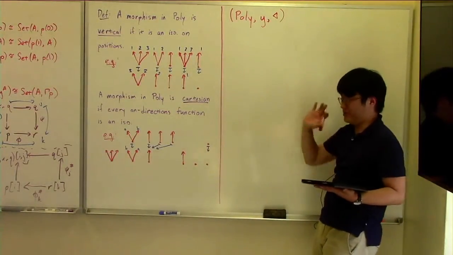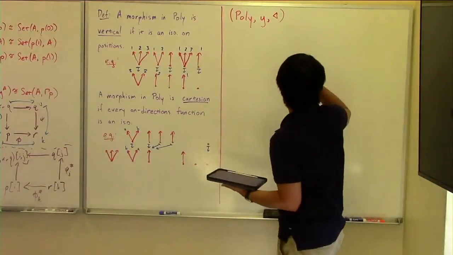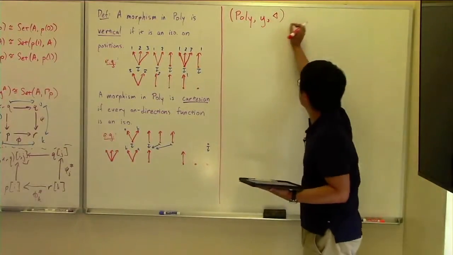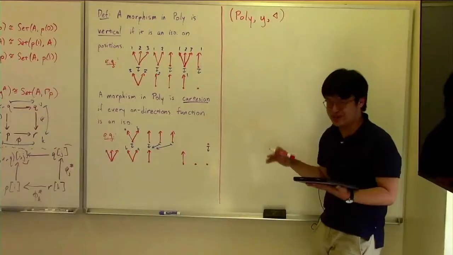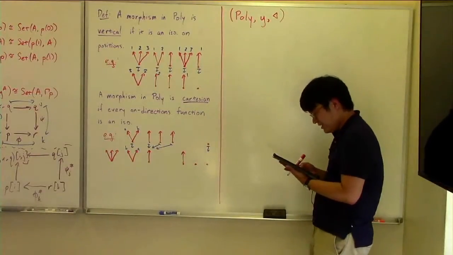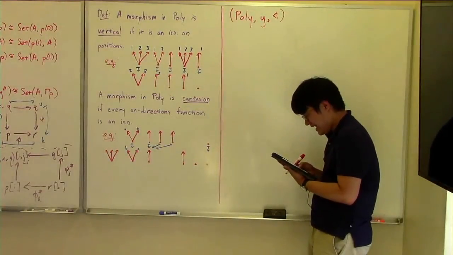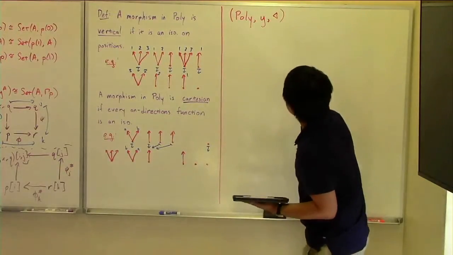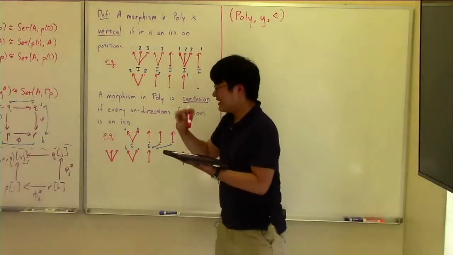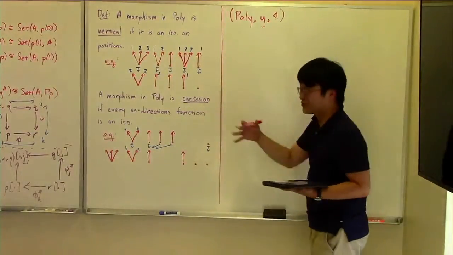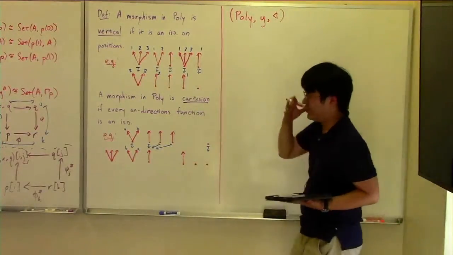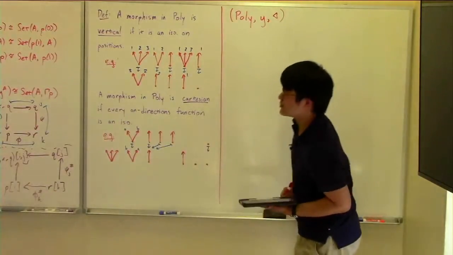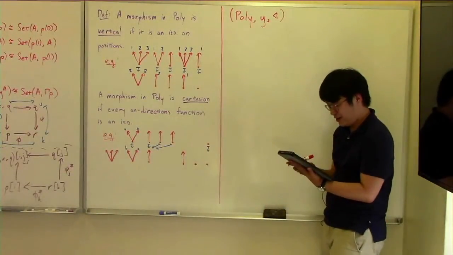P compose Q is not necessarily the same as Q compose P. So we're going to use this little triangle that is not a symmetric symbol to distinguish that. And this triangle is also going to evoke a particular image with trees, as you'll see later when we introduce one of the other perspectives on composition.